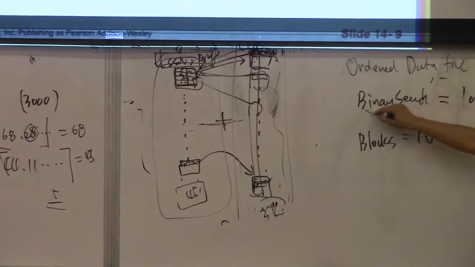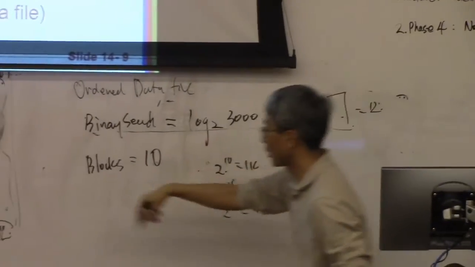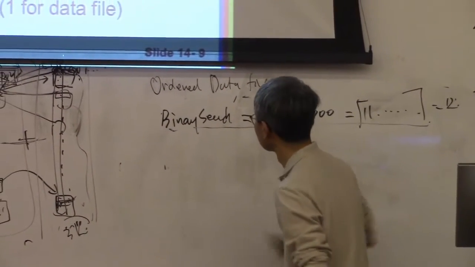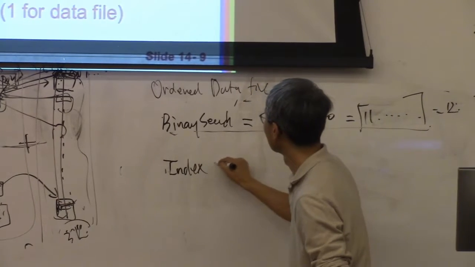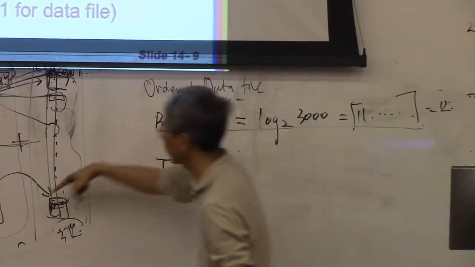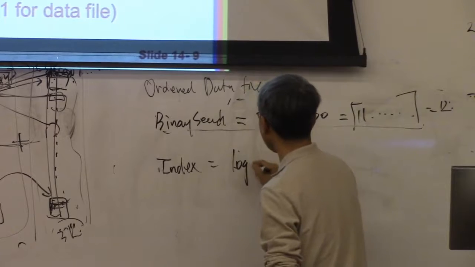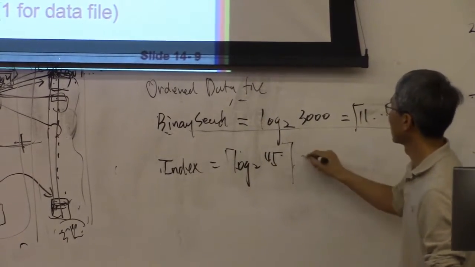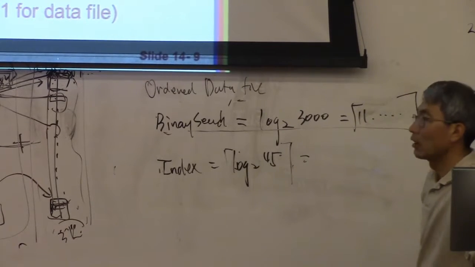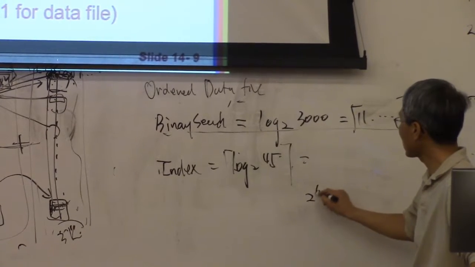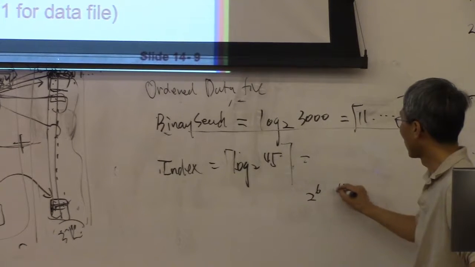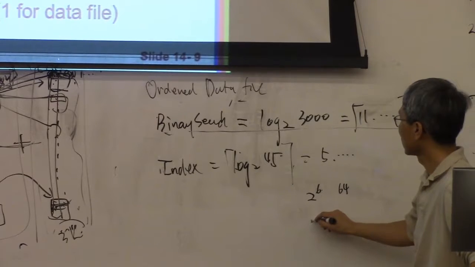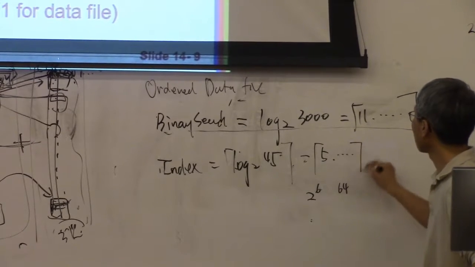So binary search without using an index is the 12 blocks. What if using an index? We can do binary search on the index, which has 45 blocks. 2 to the power of 6 is 64, 2 to the power of 5 is 32, so it's 5 point something, which is 6.